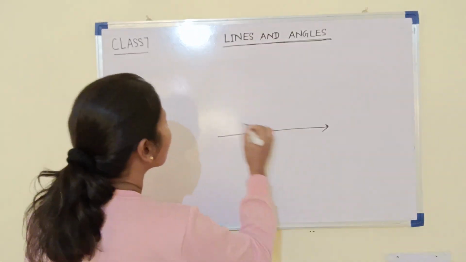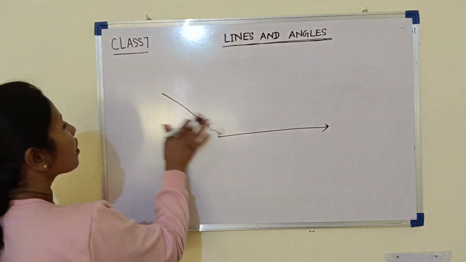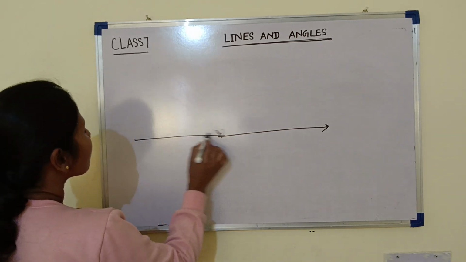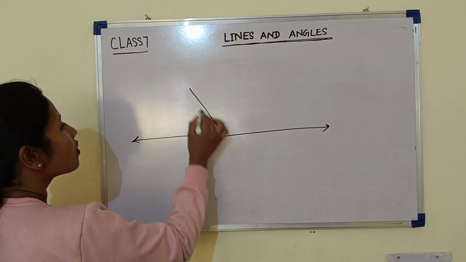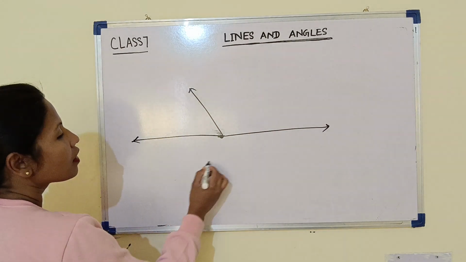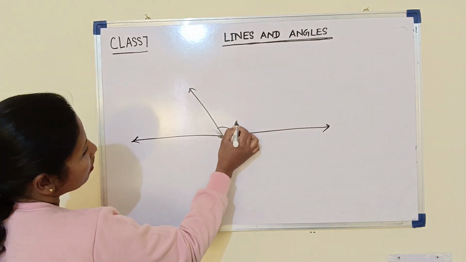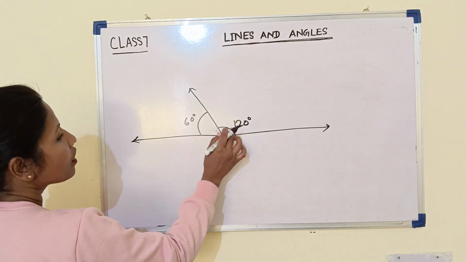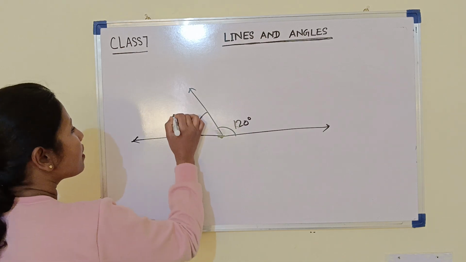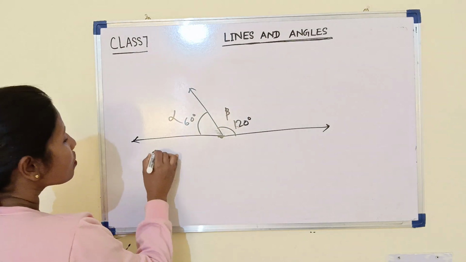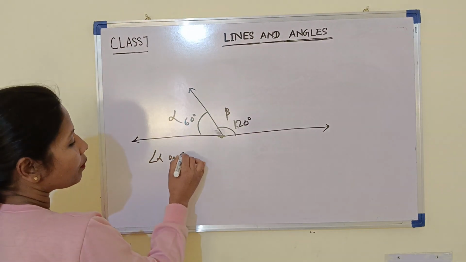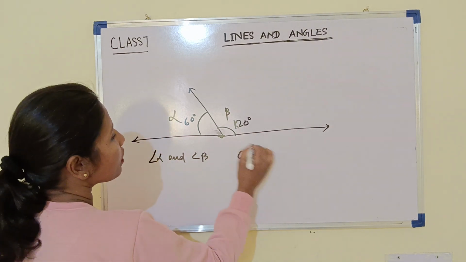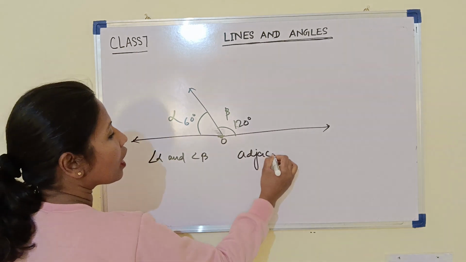And if I give you like this, suppose this is a 120 degree and this is a 60 degree, and let's make them alpha and beta. Now angle alpha and beta are adjacent, yes, because they have a common vertex and common arm.